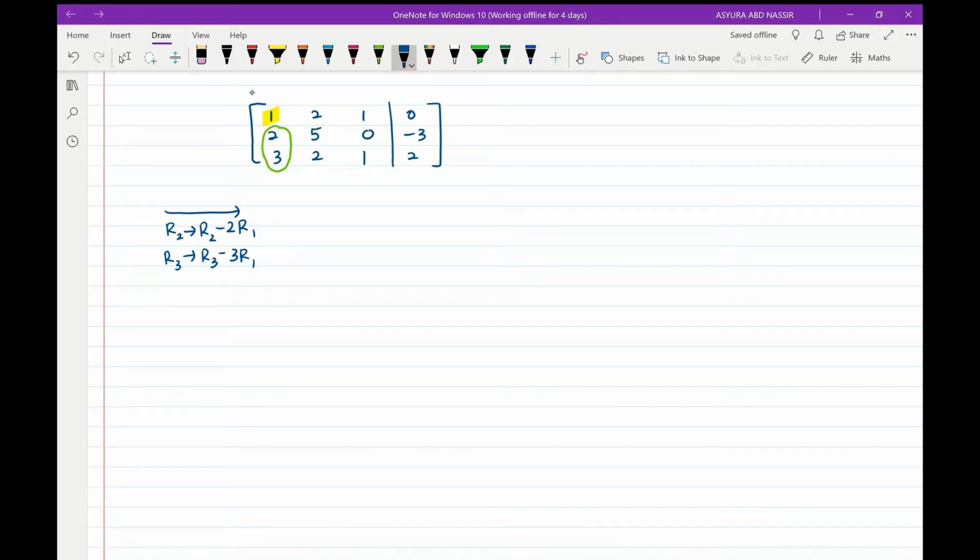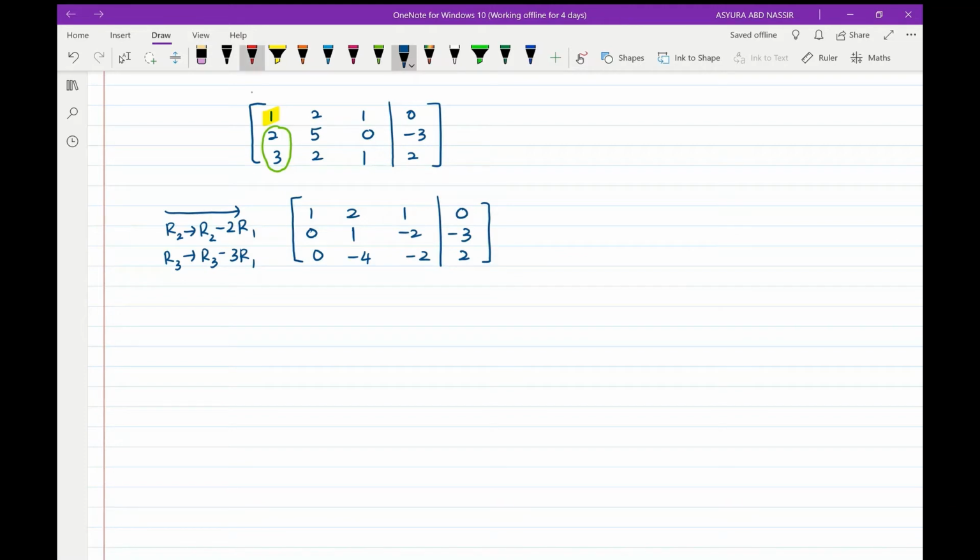So you will get 2 minus 2 is 0, 5 minus 4 is 1, 0 minus 2 is negative 2, and then negative 3 minus 0 is negative 3. Continue, 3 minus 3 is 0, 2 minus 6 is negative 4, 1 minus 3 is negative 2, and then 2 minus 0 is 2. And then rewrite 1, 2, 1, 0.